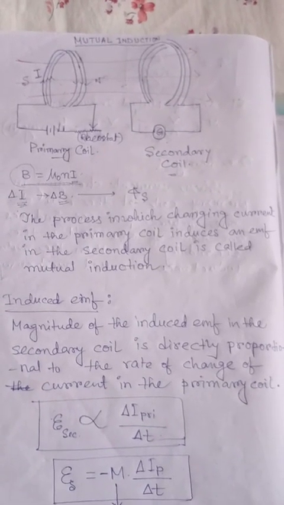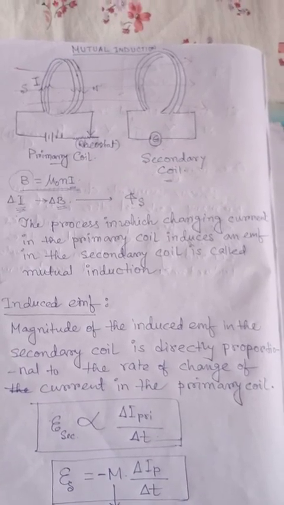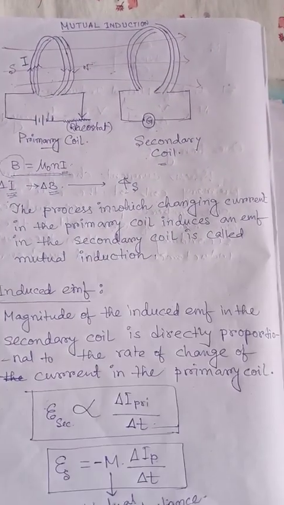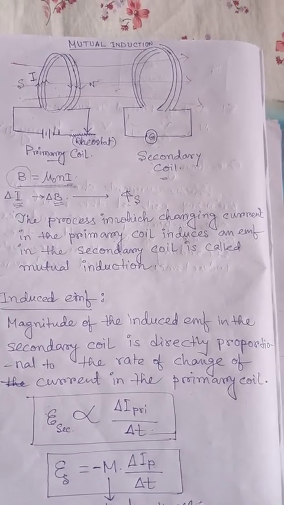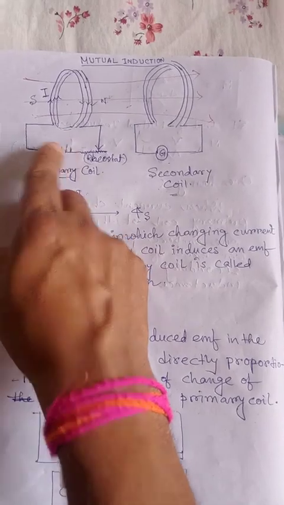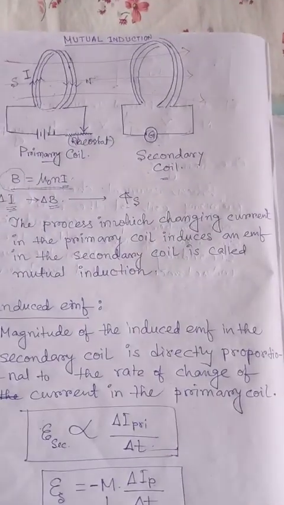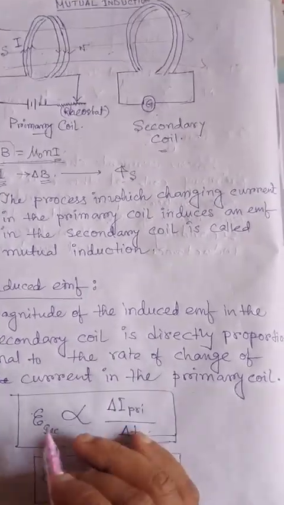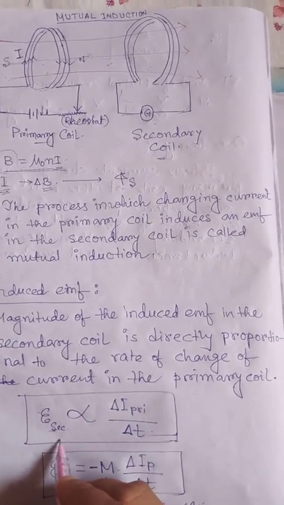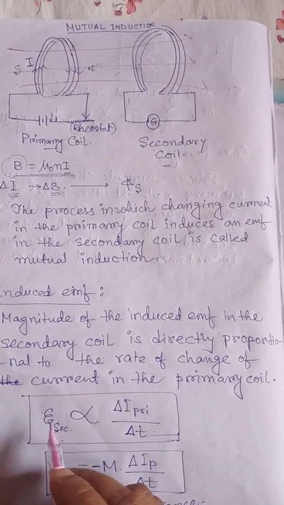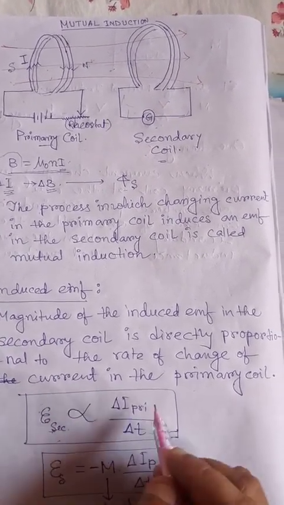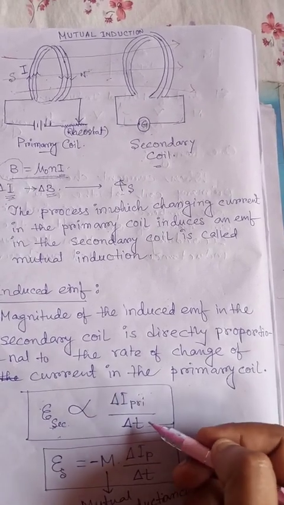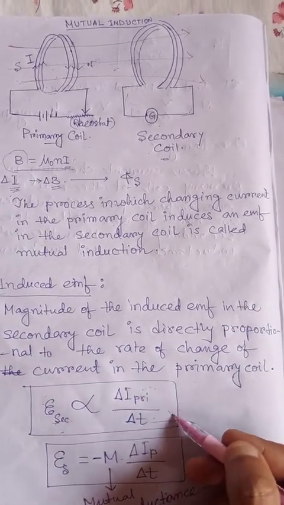So we can say that the magnitude of the induced EMF in the secondary coil is directly proportional to the rate of change of current in the primary coil. If we write the induced EMF in the secondary coil as E of S, it is directly proportional to the rate of change of current, meaning the change of current with respect to time, in the primary coil.